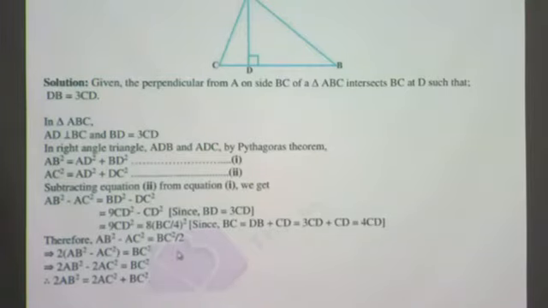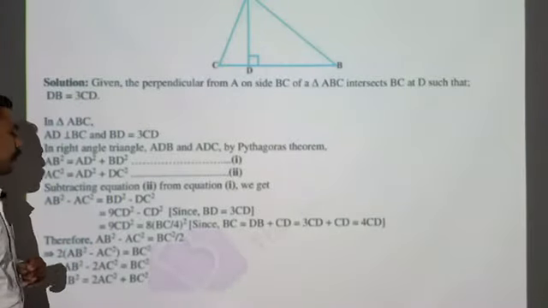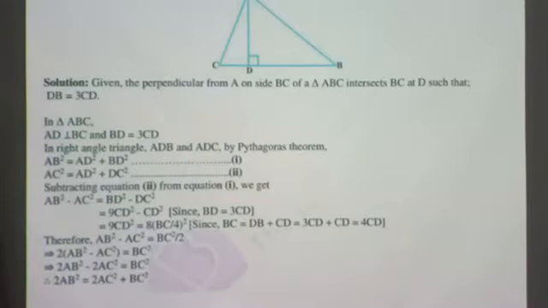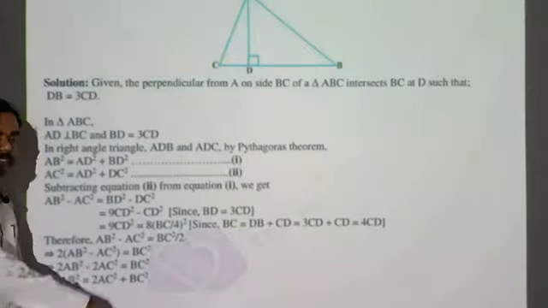Now write CD in the form of BC: BC equals CD plus DB, use the relation, and finally we get 4CD. We can replace CD, so we get BC divided by 4 the whole square, BC squared divided by 16. We can cancel: 8 by 16 is 1 by 2. Now using cross multiplication we can write it. In this step, you need to change 9 minus 1 to 8. After that, you can solve.